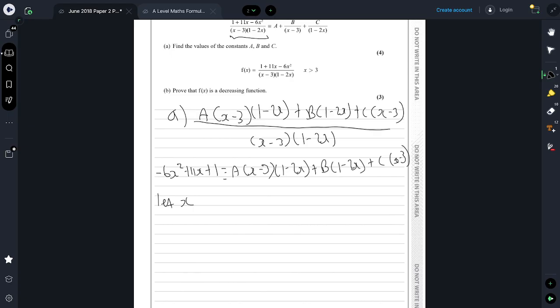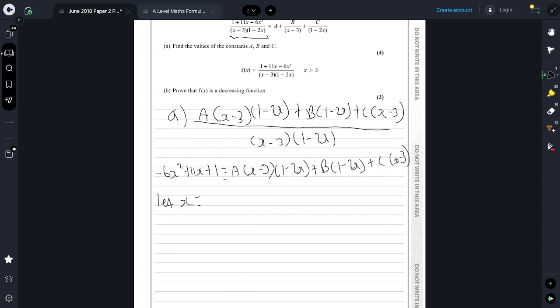To do that, if we want c, we're going to want to set these two brackets to 0 to ensure a and b are eliminated. There's only x minus 3 here, but everything else has 1 minus 2x. So we need to set 1 minus 2x to 0 to make sure a and b are 0, so we can easily solve for c.